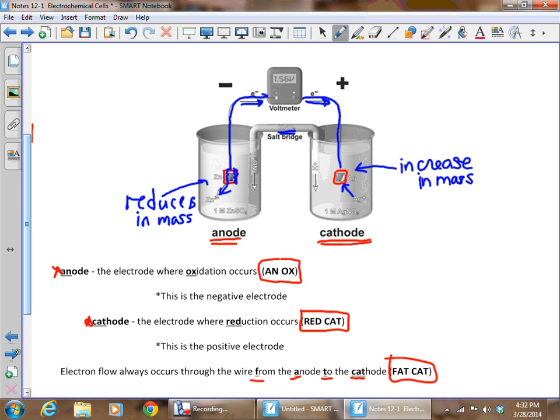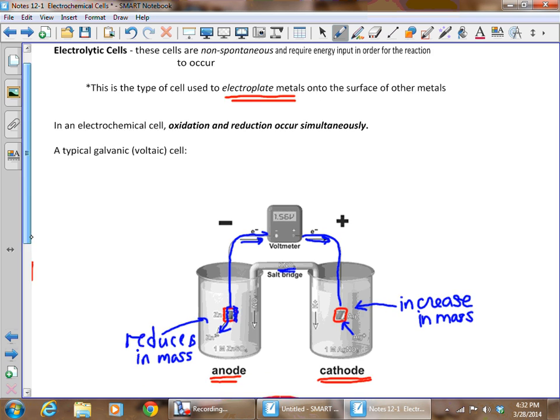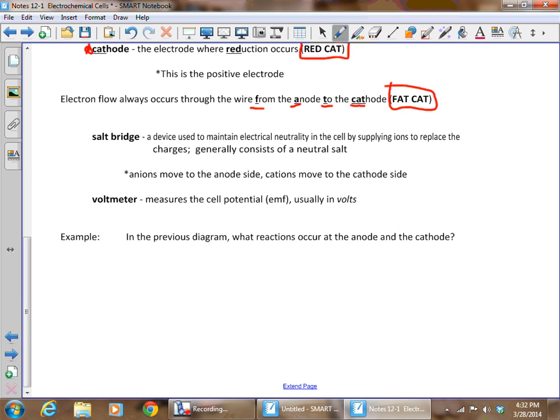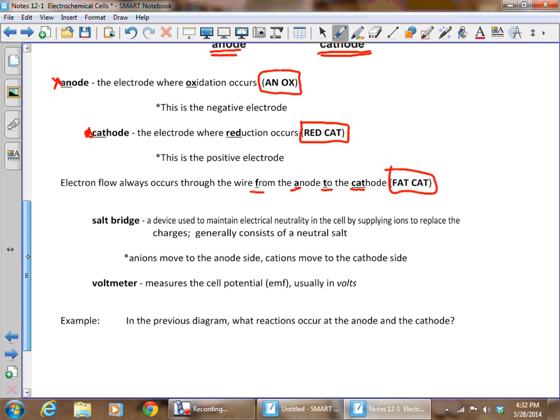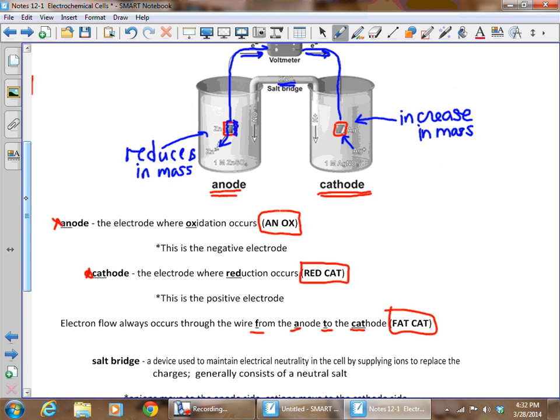So the question on the next page, maybe it's at the bottom of this. There it is. In the previous diagram, what reactions occur at the anode and the cathode? So if we look at the anode, I'm going to just write them up here. At the anode, we've got zinc reacting to form zinc 2 plus, and in the process, it must be producing 2 electrons.